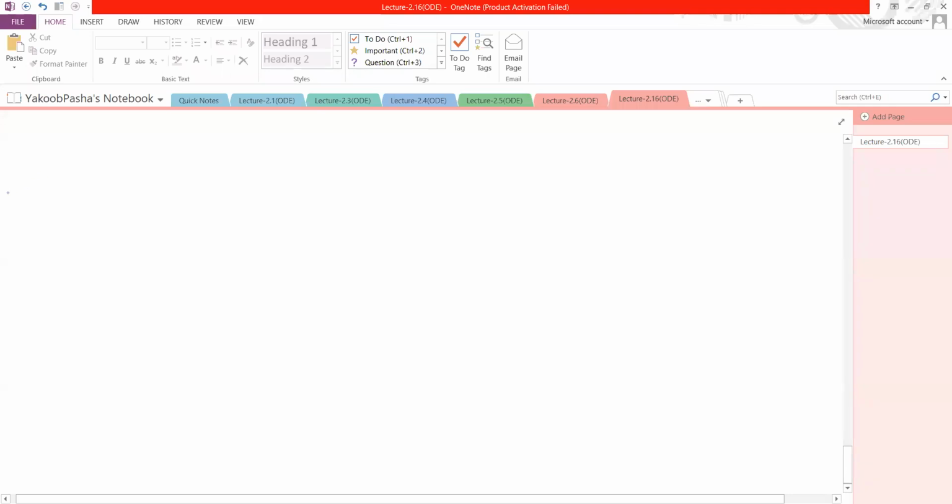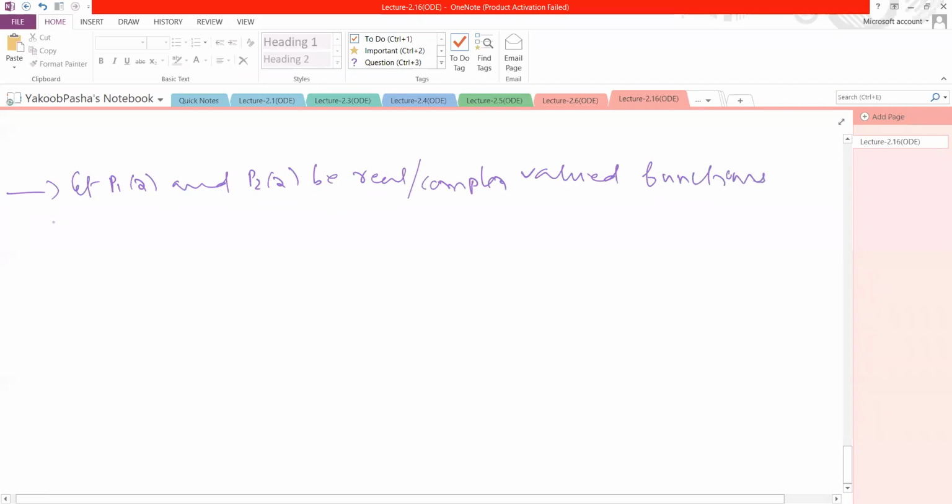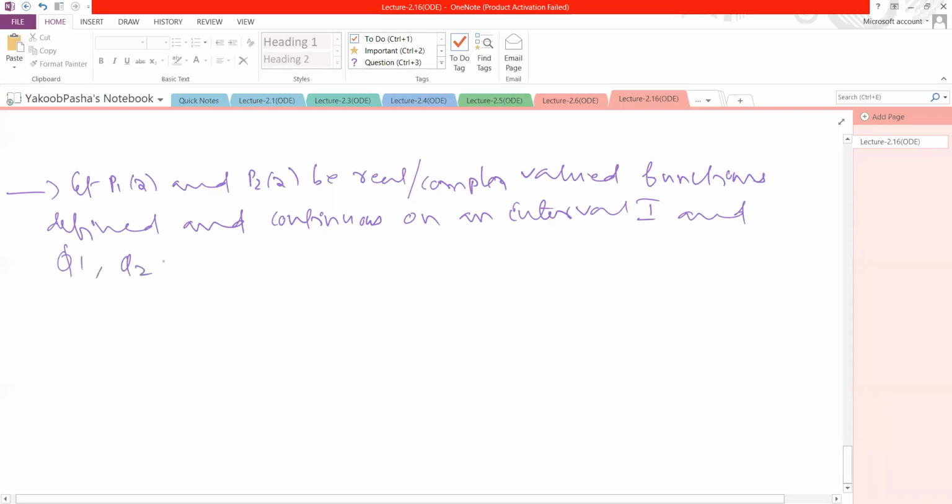In other words, we can take phi1 of x and phi2 of x to be real valued functions or complex valued functions defined and continuous on an interval I, any interval I. Then we are taking phi1, phi2 to be linearly independent solutions.